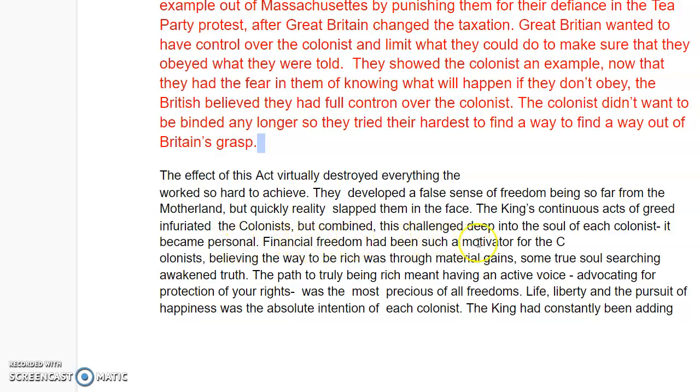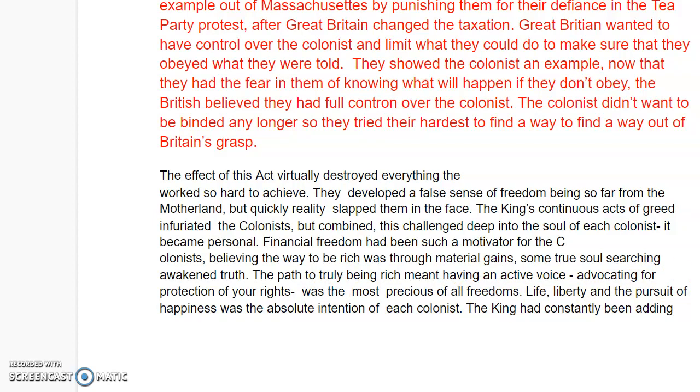Financial freedom had been such a motivator for the colonists. Lord, what did this child do to this paragraph? Believing the way to be rich was through material gain, some true soul searching awakened the truth. The path to truly being rich meant having an active voice advocating for protection of your rights was the most precious of all freedoms.